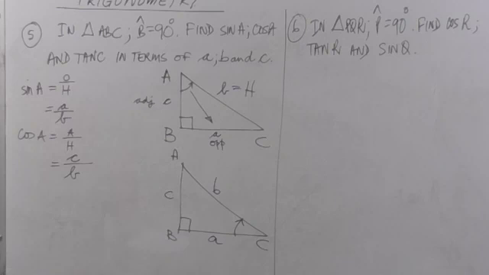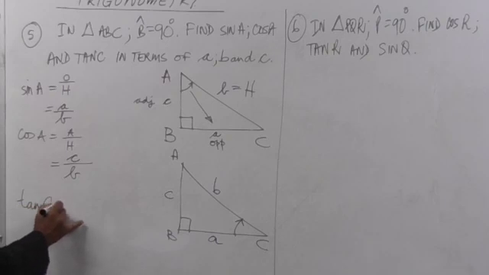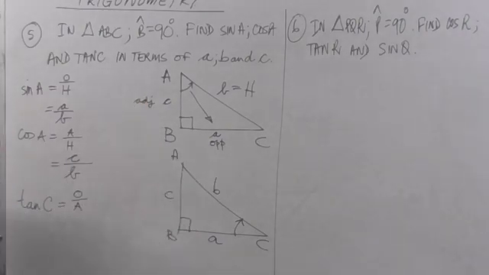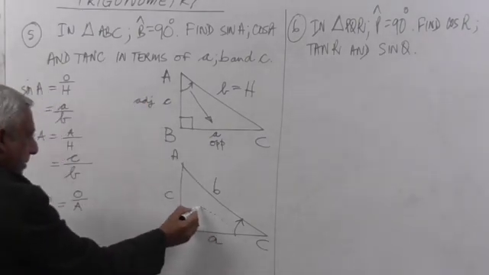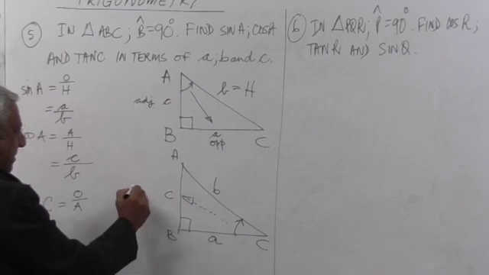The next one is tan C. Tan of C is equal to O over A. So we don't use that diagram, we're going to look here now. For C, that's the opposite side.